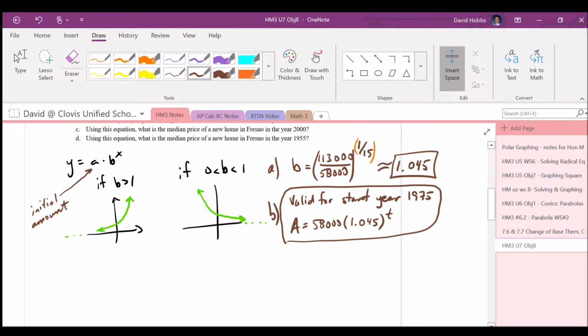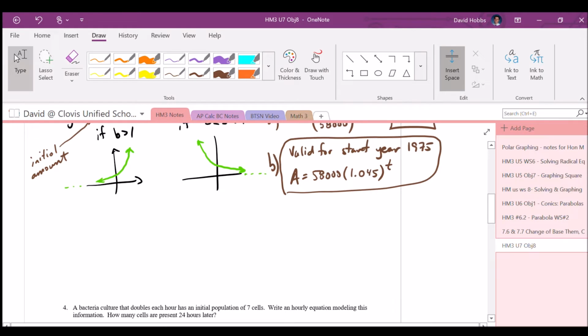Okay, part C. Using this equation, what is the median price of a new home in Fresno in the year 2000? So how does 2000 relate to the year 1975? Well, it's 25 years later. So we're doing A of 25. In other words, function notation, I'm inputting 25 into my function A. So 58,000 times 1.045 to the 25th.